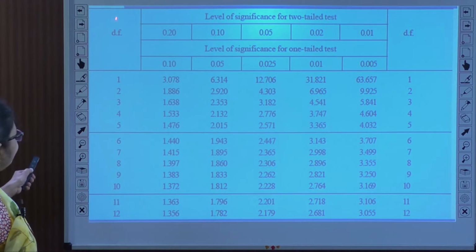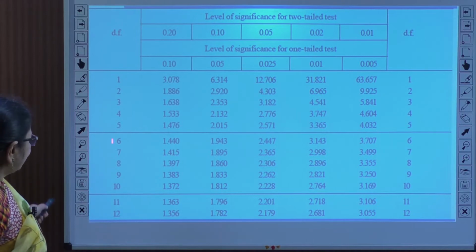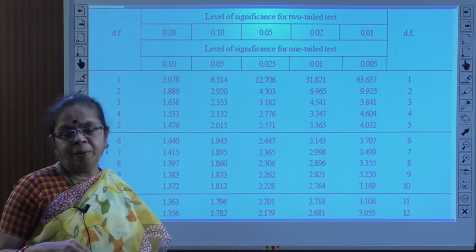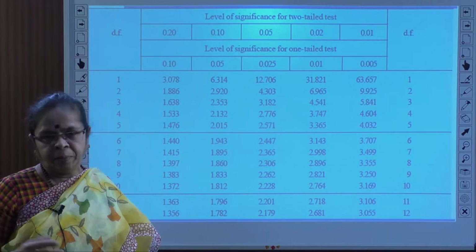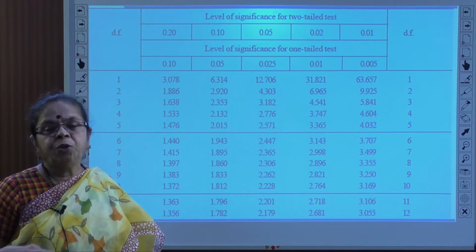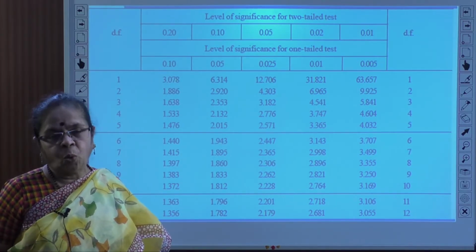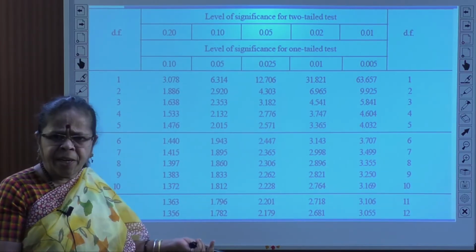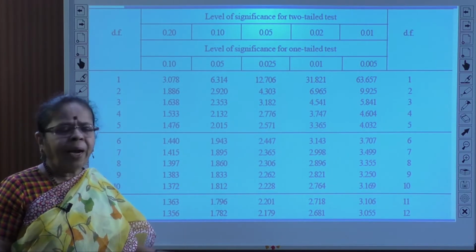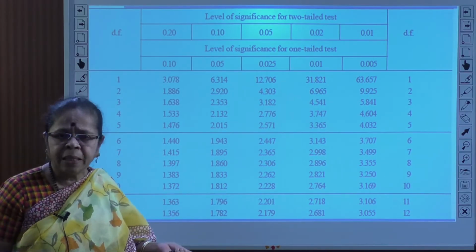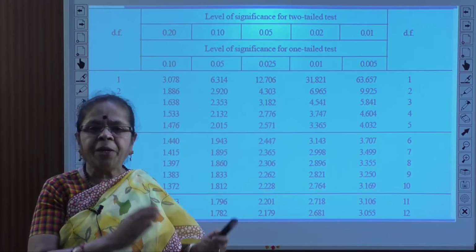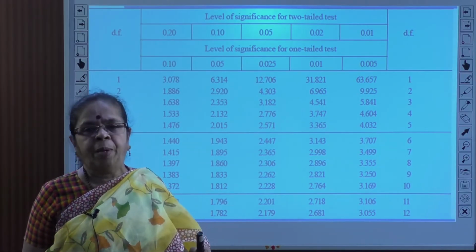Now, here I have this factor, the degrees of freedom factor: n minus 1, n1 plus n2 minus 1 and so on. So, I can calculate the DF for a given problem, and I know how to calculate the t, right. Then if it is less than this magnitude, accept H naught.